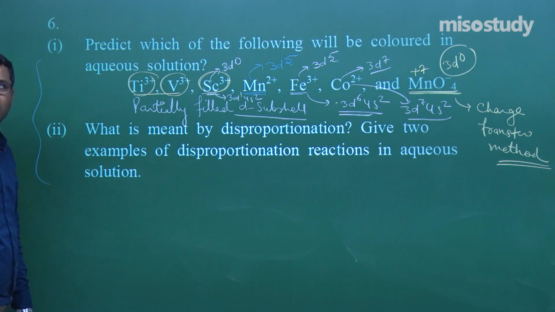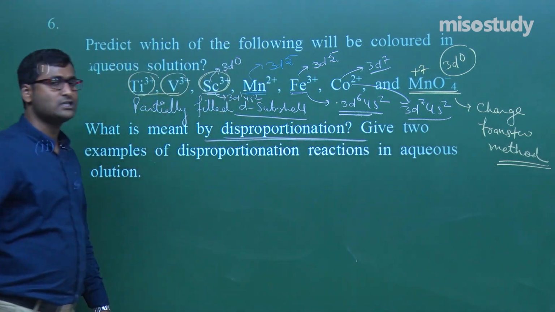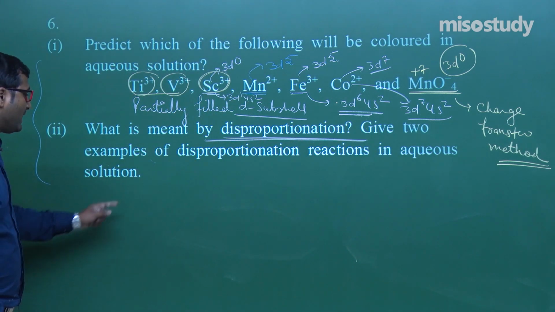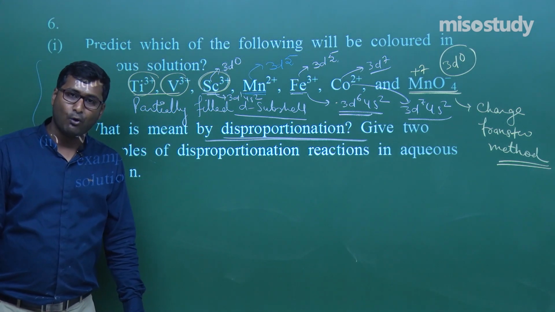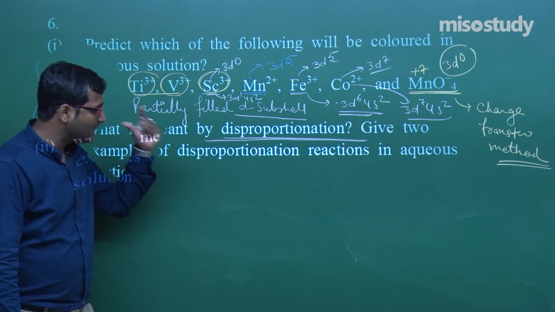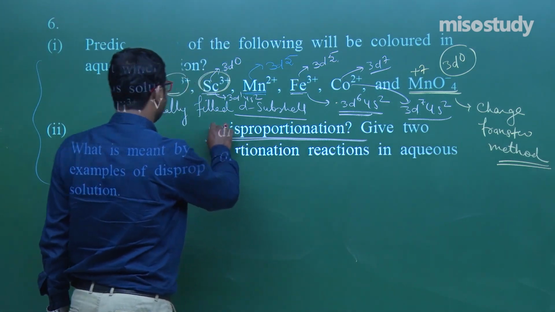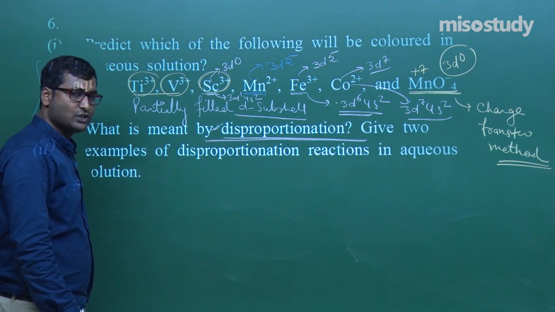Clear? Now what is meant by a disproportionation reaction? If anyone asks you, if the same substance undergoes both oxidation and reduction, it is known as a disproportionation reaction.